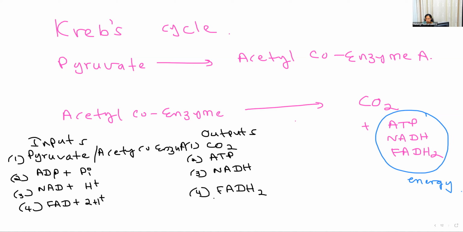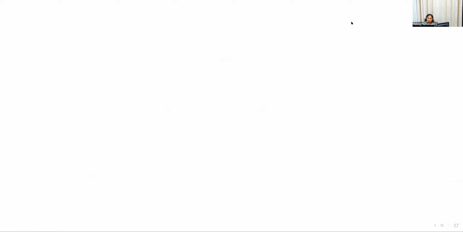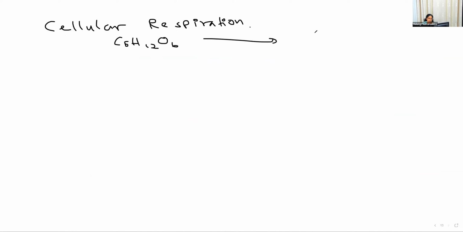Okay, so I'm going to just summarize whatever we have done so far. Right, so cellular respiration is breaking down glucose until it releases all the carbons, all the energy inside the glucose.